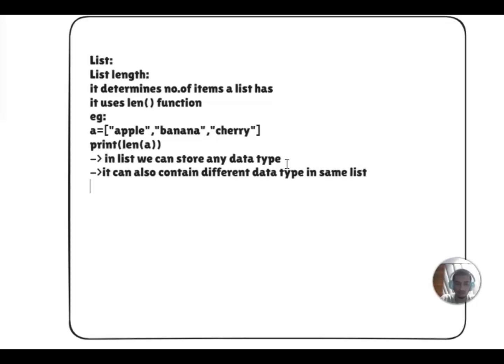For example, creating a list, it can contain a string, or it might contain an integer, or it might contain a boolean.